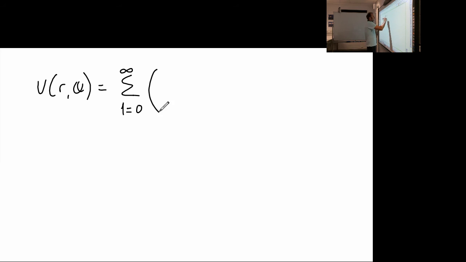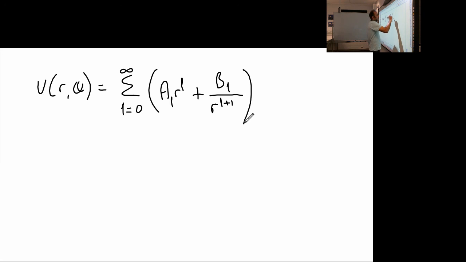How this would look is we would have the potential, which depends on r and theta, and this would be equal to the sum from l equal to 0 to infinity of A_l r to the power of l plus B_l divided by r to the l plus 1, times P_l cos theta.